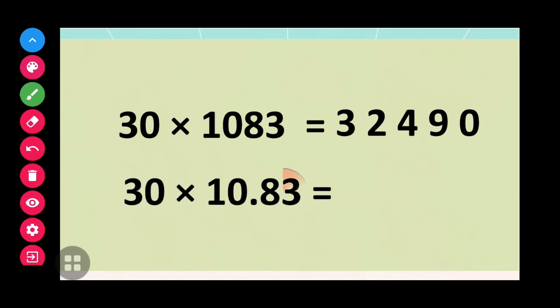Yes, we have two decimal places in the question, so this answer should also have two decimal places. The decimal place at the end of this number shifts 2 places forward, and we get the number 324.9.